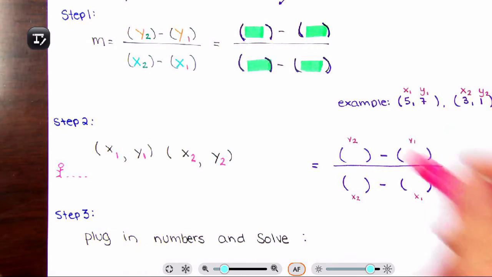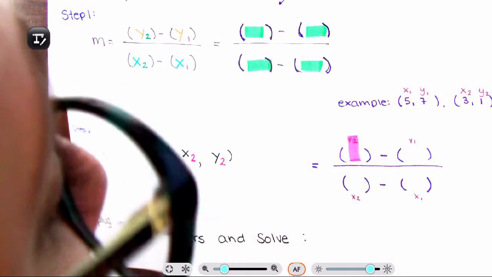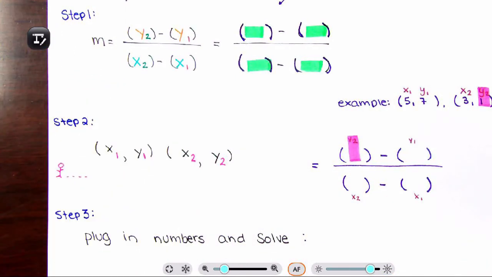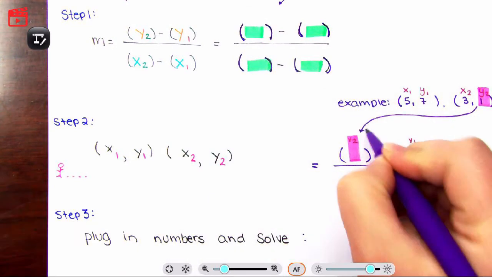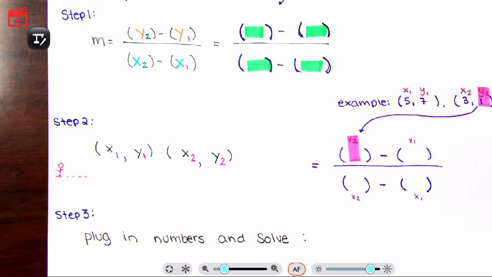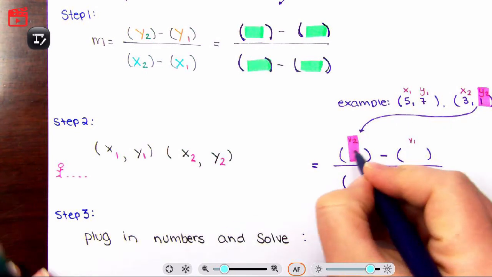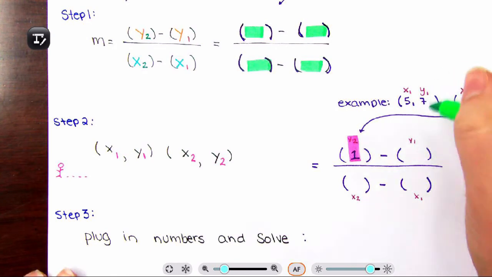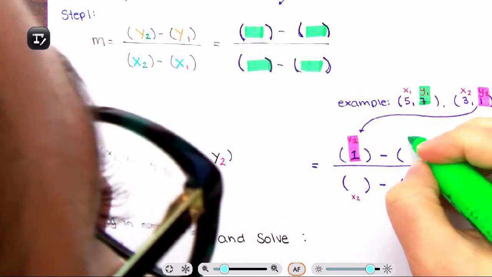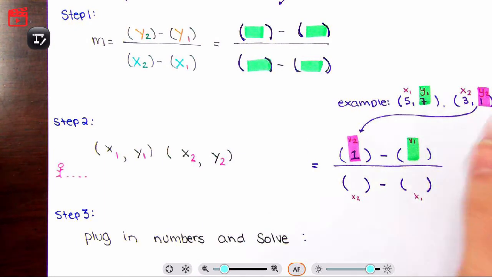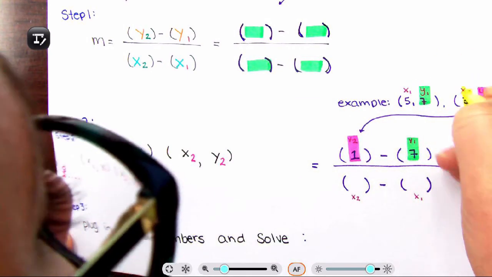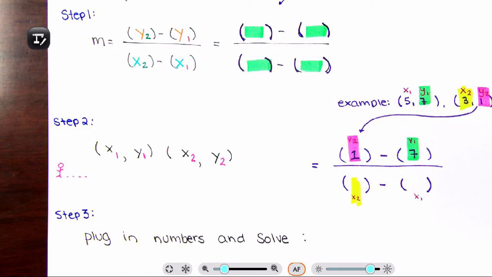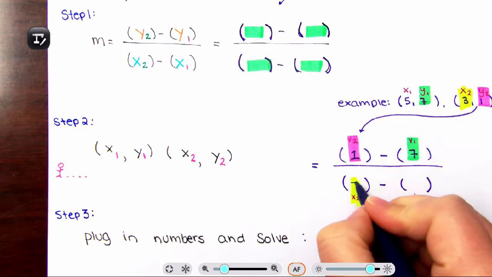You're going to take your y2, and put that number into the y2 bubble, and that number is 1. Then you're going to take your y1 number and put it into the y1 bubble, and that number is 7. Then you're going to take your x2 number and put it in your x2 bubble, and that number is 3.